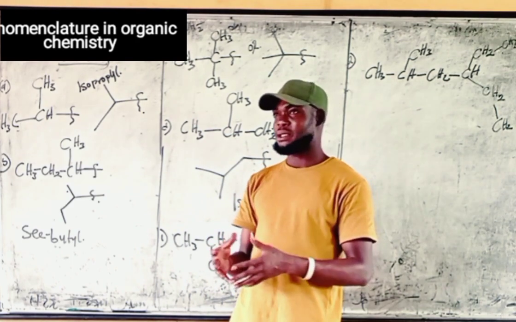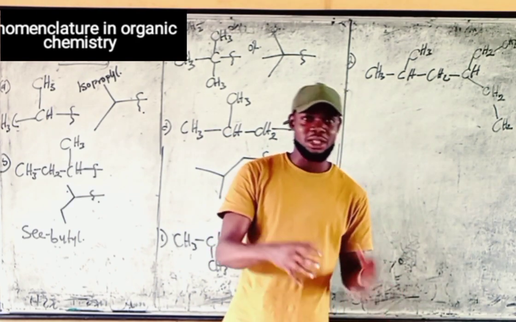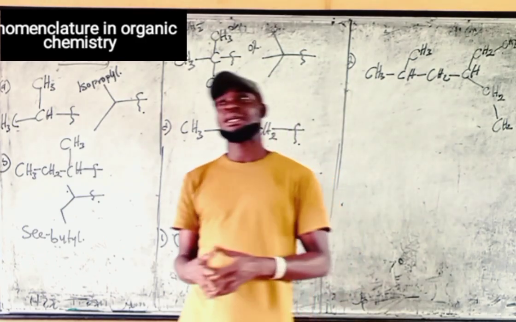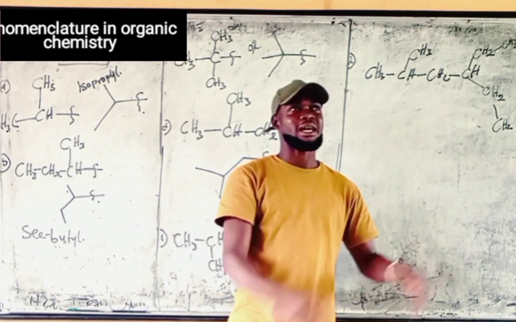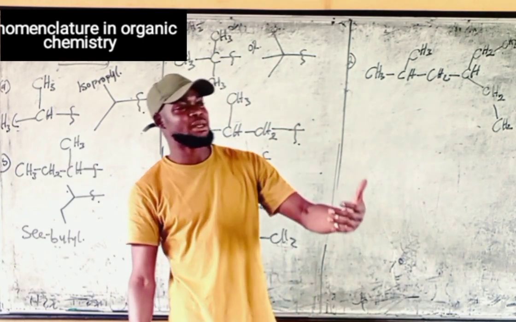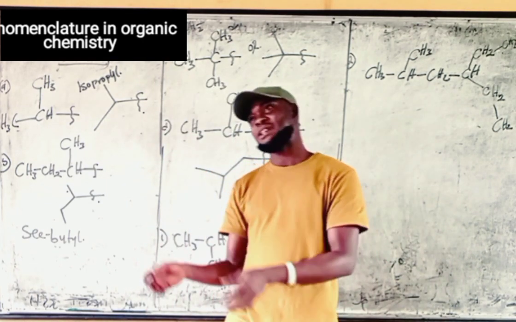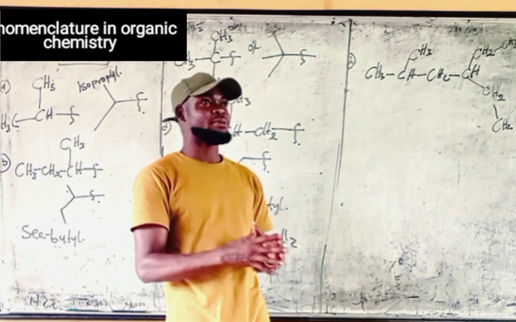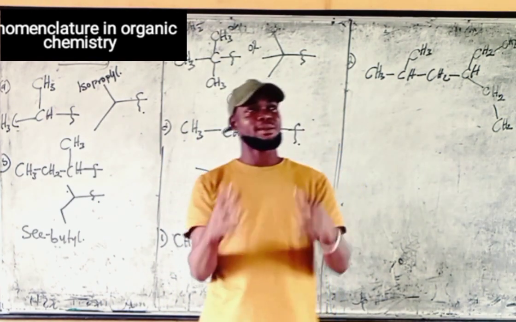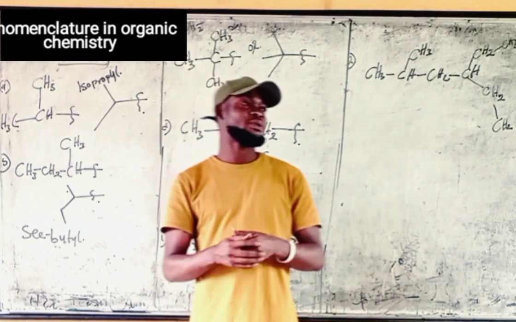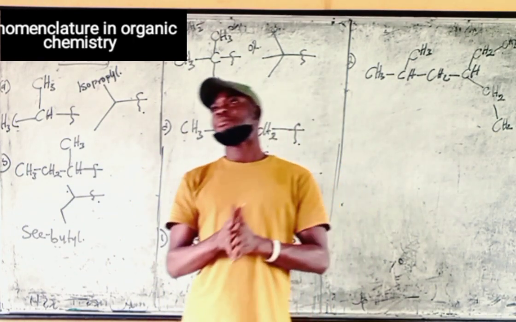Most compounds, like alkanes, methane and all that, have sp3 hybridization. You have sp2 hybridization, and we have sp hybridization. Hybridization is still very important in organic chemistry. We are not starting what we are here to do; I'm just explaining what you need to know in organic chemistry.